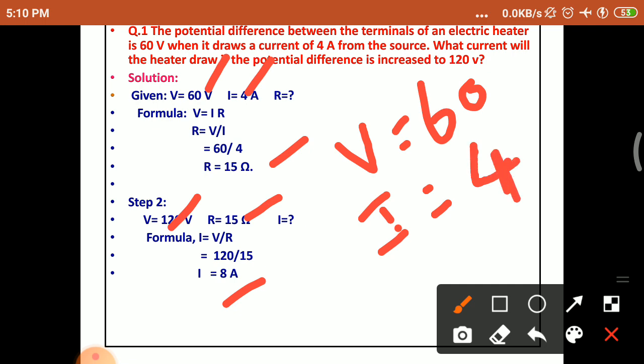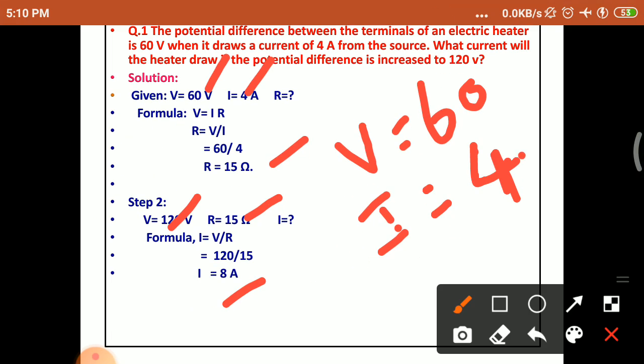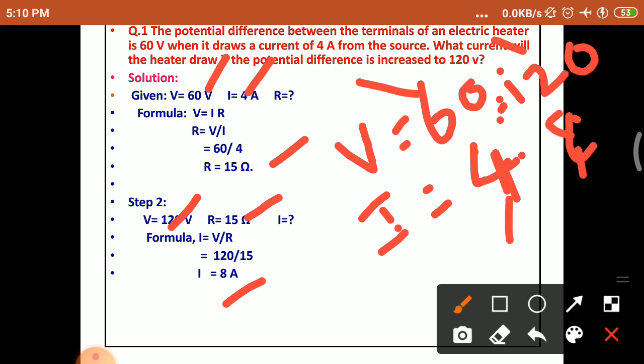In the second case V equal to 120, I equal to 8. So if the potential difference increases, the current also increases.